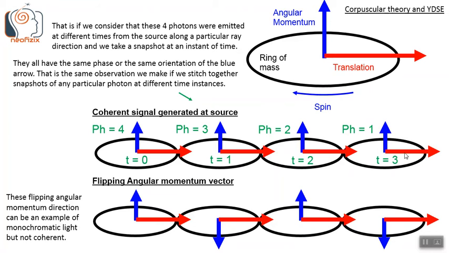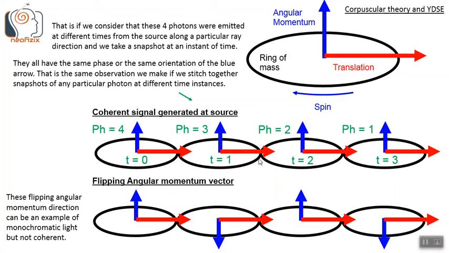And that will be the same observation we will make if we stitch together snapshots of a particular photon. Suppose there was one photon which is moving from this place to this place. At t equals 0, the photon was here. At t equals 1, the photon was here. At t equals 2, the photon was here. And at t equals 3, the photon was here.